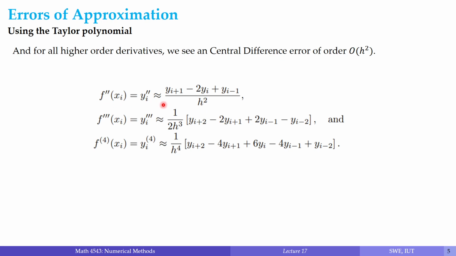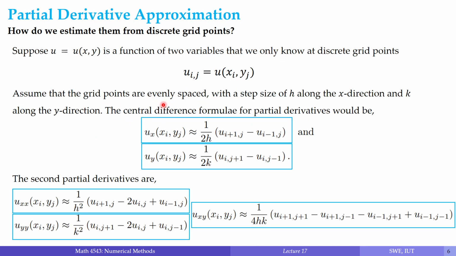Before doing that, let's discuss partial derivative approximation. How do we approximate the derivatives of multivariate functions? Multivariate functions have more than one parameter, and for them we can calculate partial derivatives.